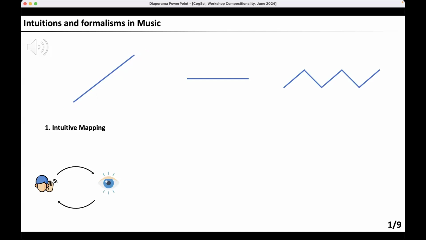But you do so because you understand some kind of acoustic properties of the melody, right? You understand that the frequency or the pitch of the notes within this melody is increasing with time, and you know that you represent this kind of evolution with a linear function that is going up, right?